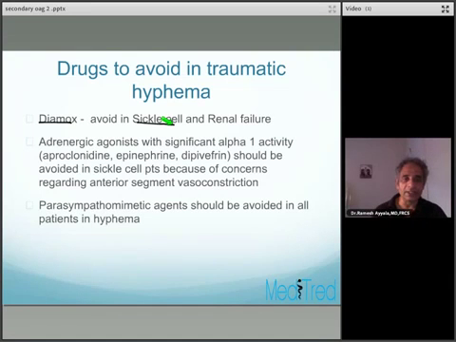Adrenergic agonists with significant alpha-1 activity such as apraclonidine and epinephrine should be avoided in sickle cell patients because of concerns regarding anterior segment vasoconstriction. Parasympathetic medication should be avoided in all patients with hyphema as it tends to stretch the iris, cause more bleeding and worsening of the inflammation.